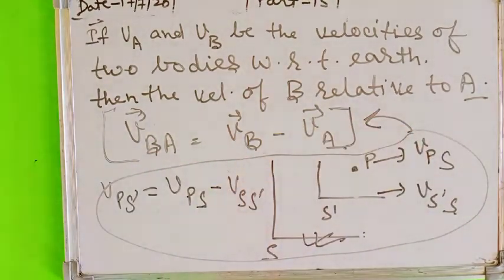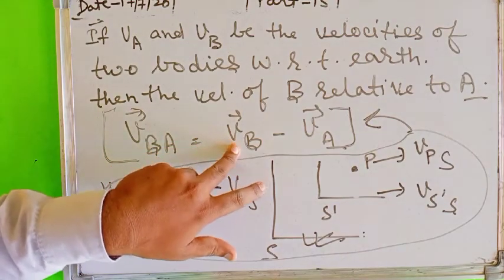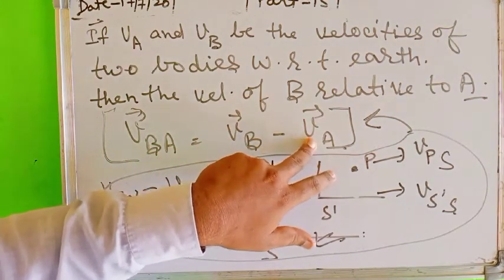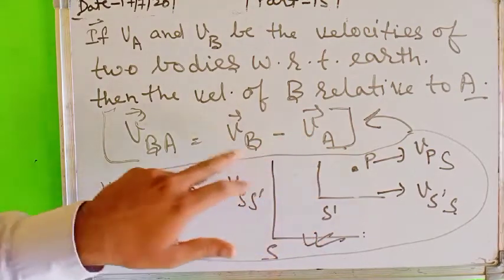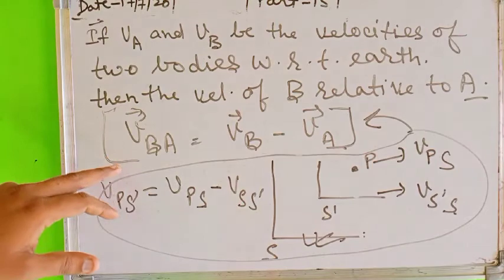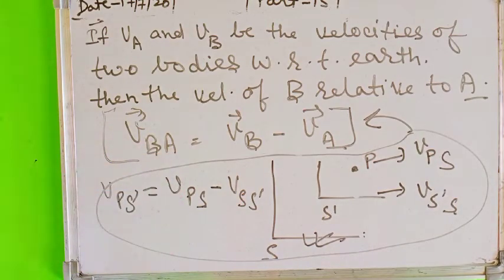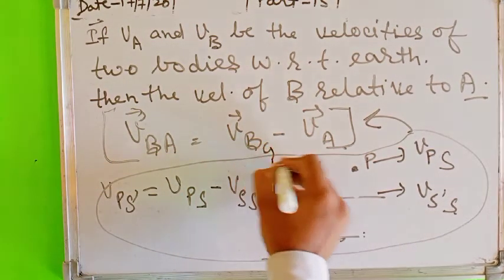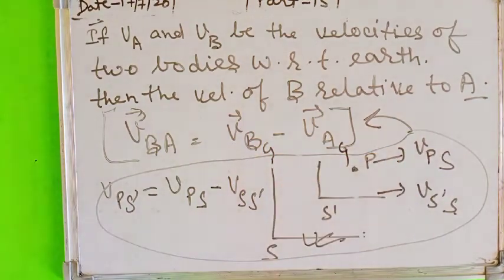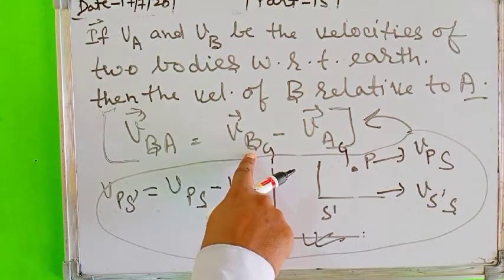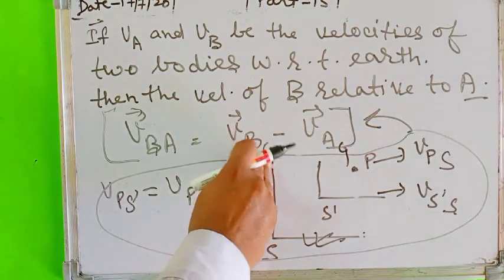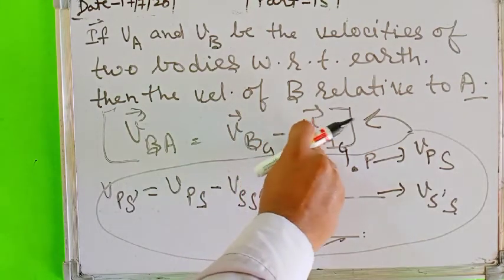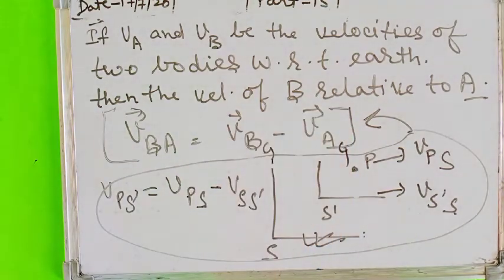If an object B is moving with velocity VB with respect to ground, and object A is moving with VA with respect to ground, then VB minus VA will give the relative velocity of B with respect to A. Here the velocity of B means velocity of B with respect to ground, and velocity of A means velocity of A with respect to ground.